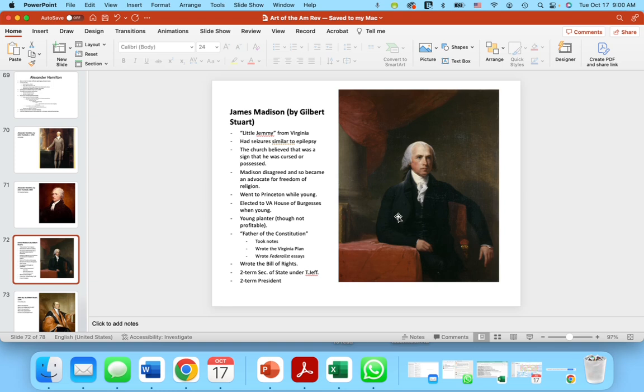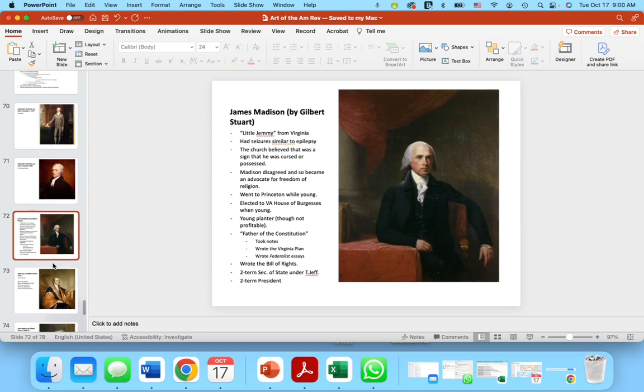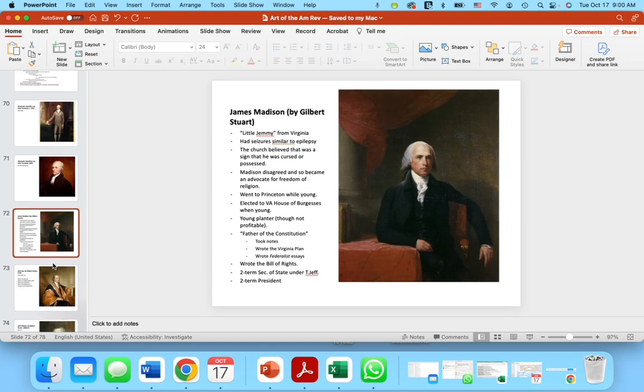Thomas Jefferson and James Madison say no. You should not do a loose interpretation of the Constitution. You should do a strict interpretation of the Constitution. And so James Madison switches over and joins his fellow Virginian, Thomas Jefferson, and they start the Democratic Republican Party, which doesn't exist anymore, and they want strong states' rights.